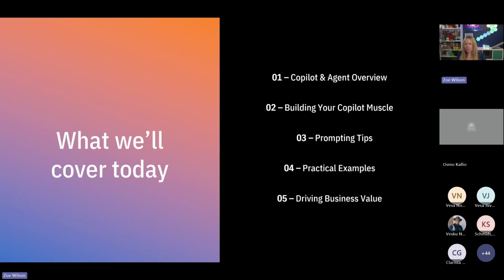And then we'll get into the good stuff where we start to actually look at building your Copilot muscle and what that actually means. And then I've got some practical prompting tips, a live demo, and then we'll finish just with a view of how you can use that Copilot muscle to really drive business value.